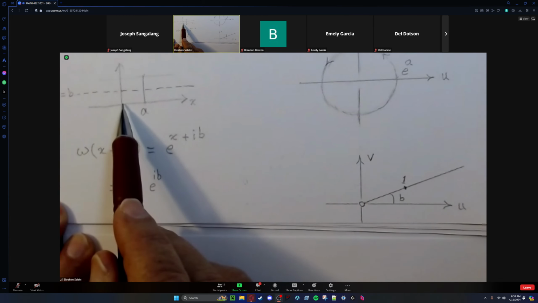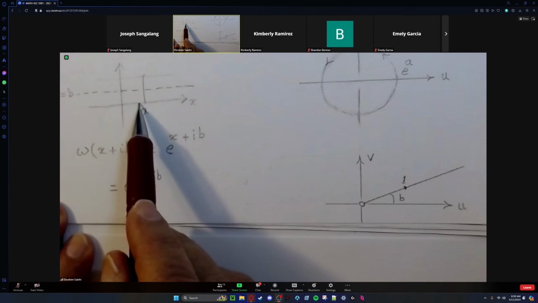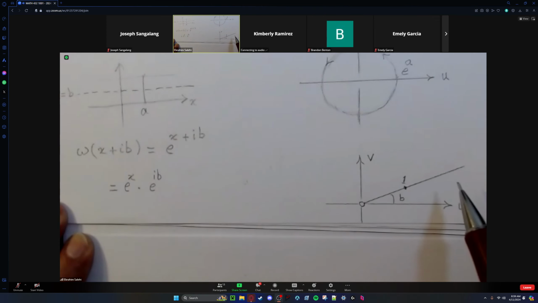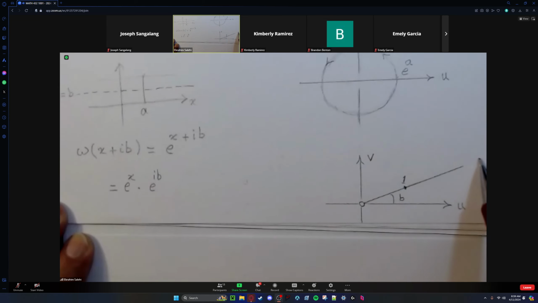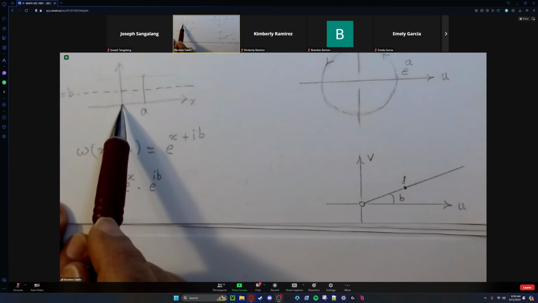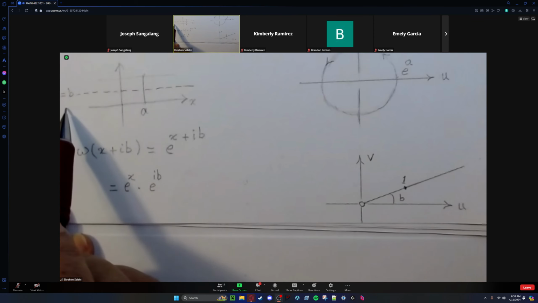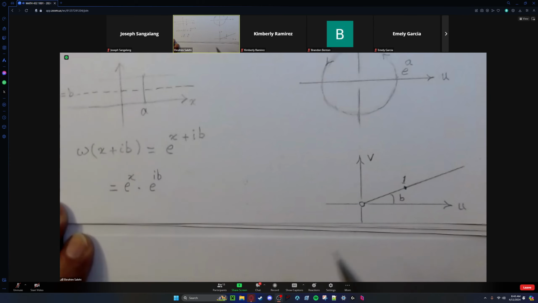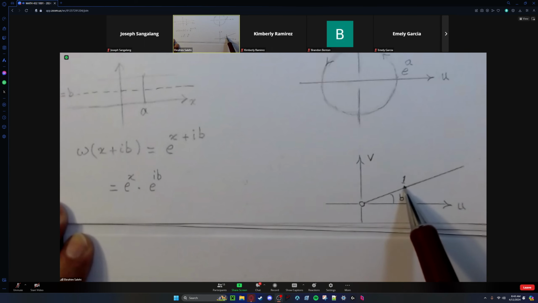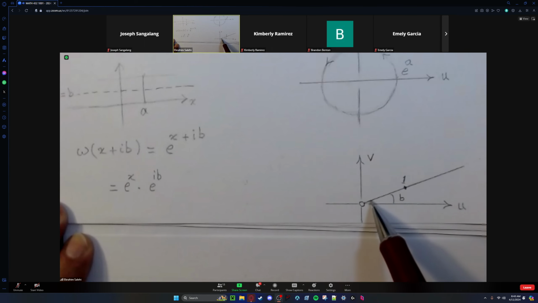When x is in the positive direction of the x-axis, you're here in this part. How about when x is in the negative direction of the x-axis? Well, that is when you cover from the origin to this one. That's when x is negative, okay?